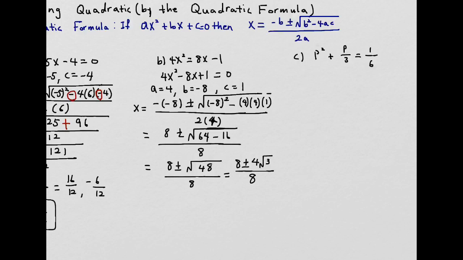And when you reduce the common factor, 4 goes into 4 one time, 2 times, and 2. So you get 2 plus minus square root of 3 over 2. And if you have a radical, you cannot add or subtract it with the whole numbers, so you leave your solutions like that.